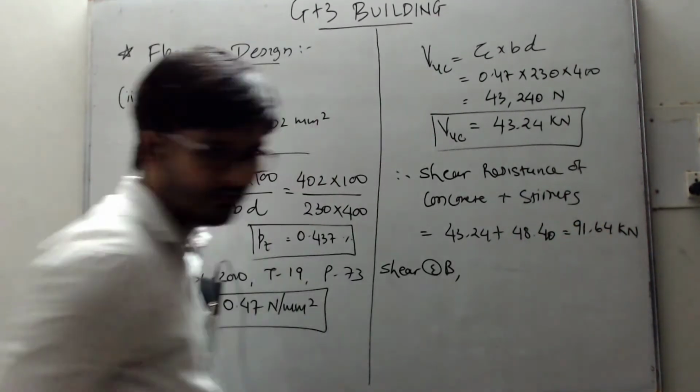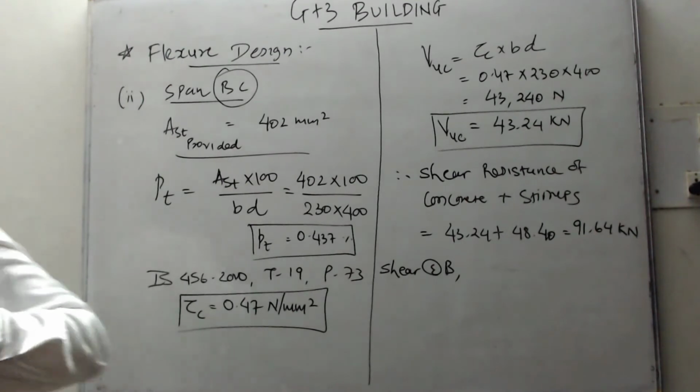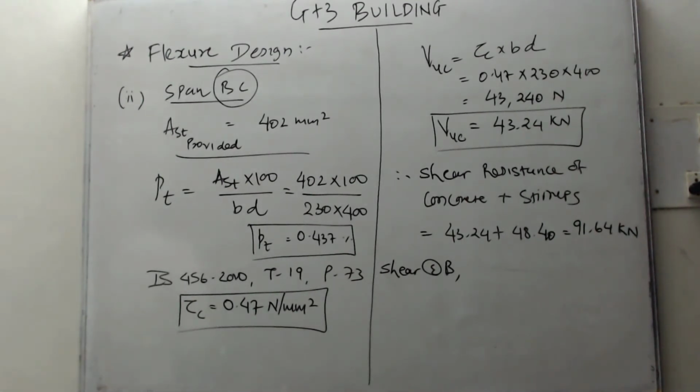Just let me check the calculation here. 43.24 plus 48.4, so I'm getting 91.64. Yes, so 91.64 is the correct answer.